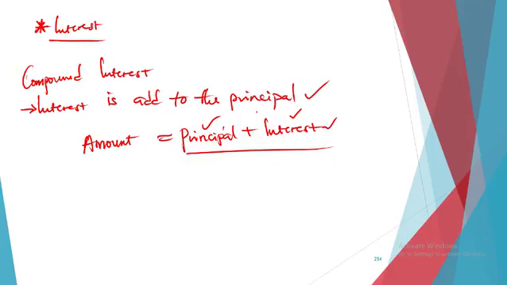The difference between the amount at the last interval and the initial principal is what we call the compound interest.